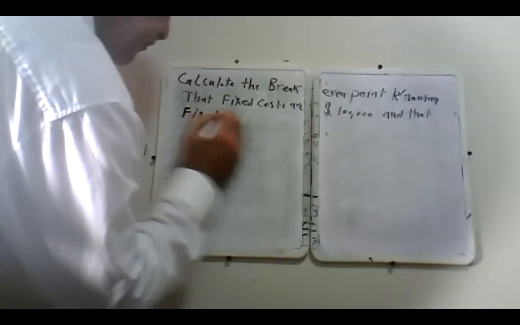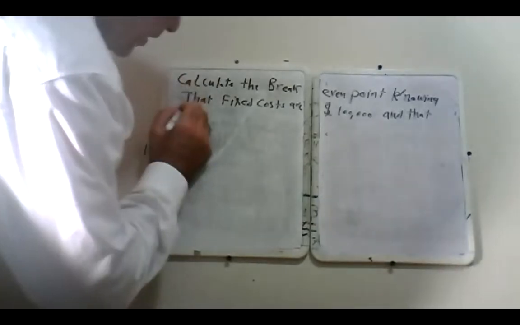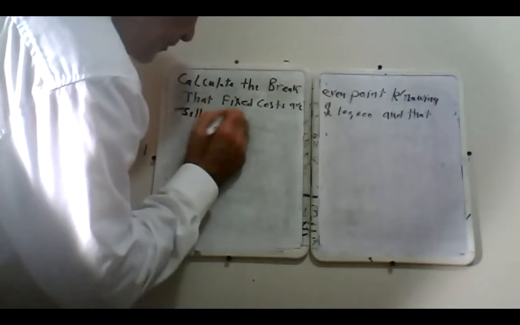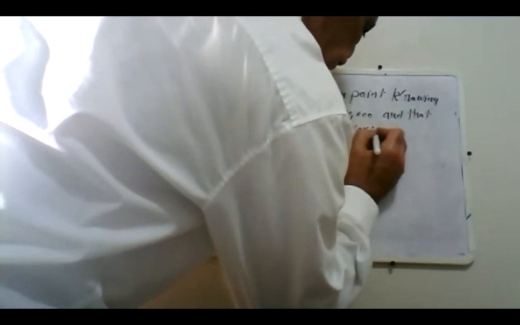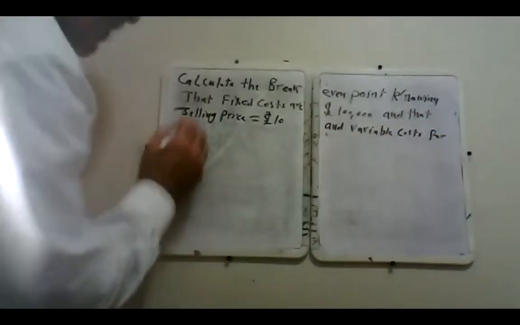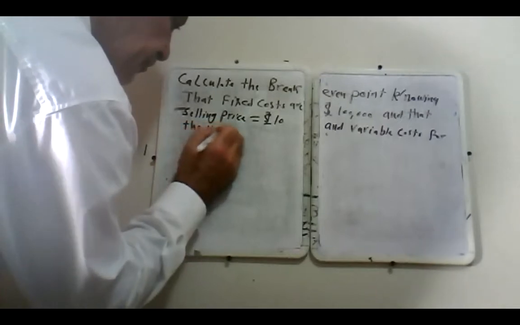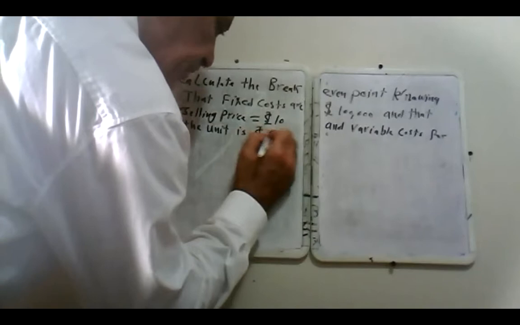and that the selling price equals $10, and variable costs for the unit is $5.